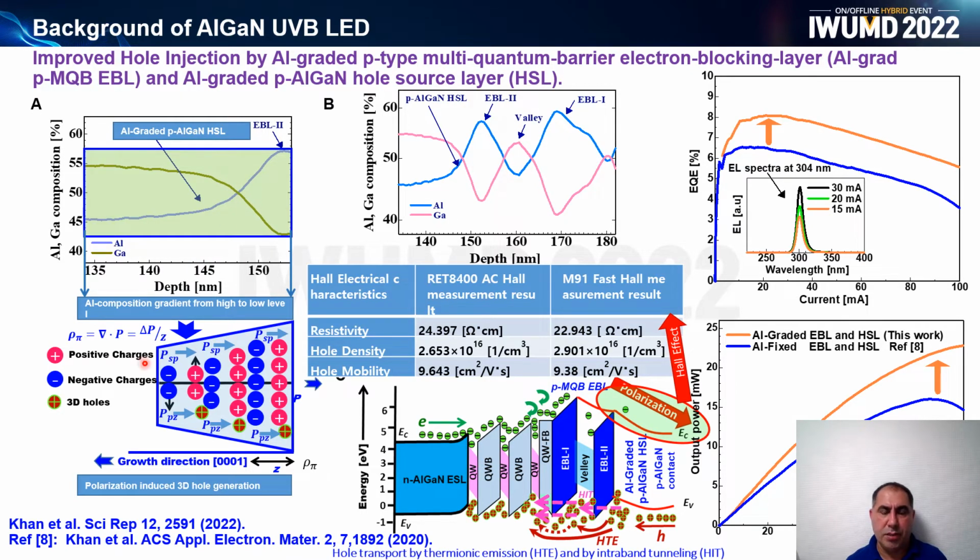By using the polarization effect in this new design of the UVB LEDs, we can get high hole density of 10 raised to power 16 per centimeter square and very low resistivity of 22.94 ohm centimeters. With this new design, we can enhance the EQE from 6% to 8%, as shown in these two papers, and the emitted power also improved from 15 milliwatts to 22 milliwatts.